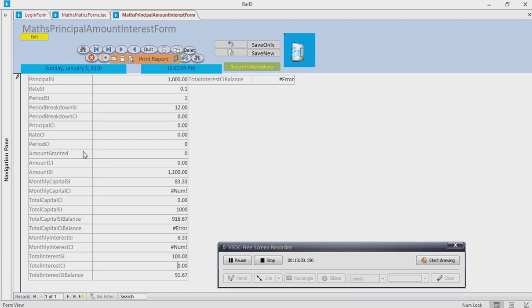If you can see the values, if you say SI, it means simple interest, CI compound interest.